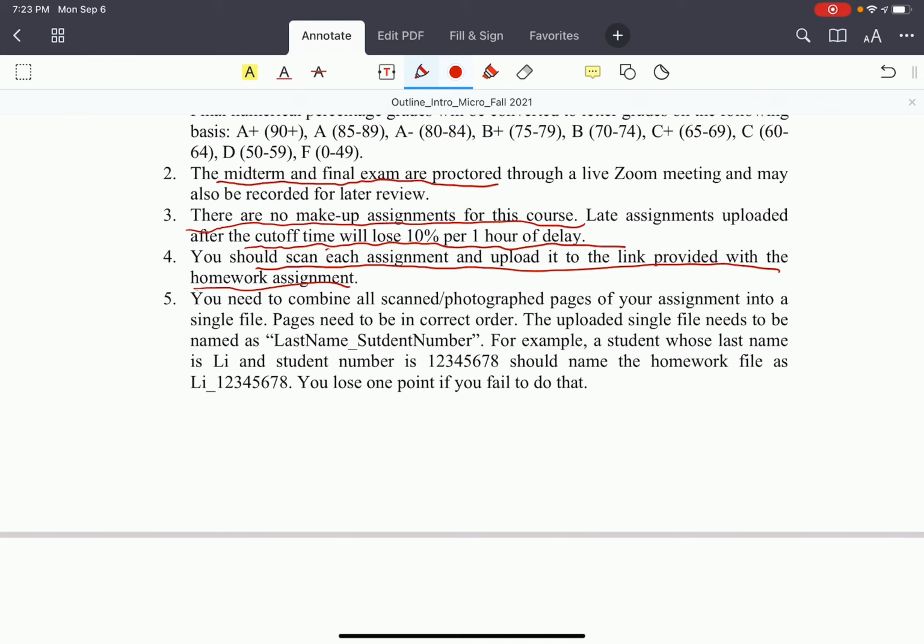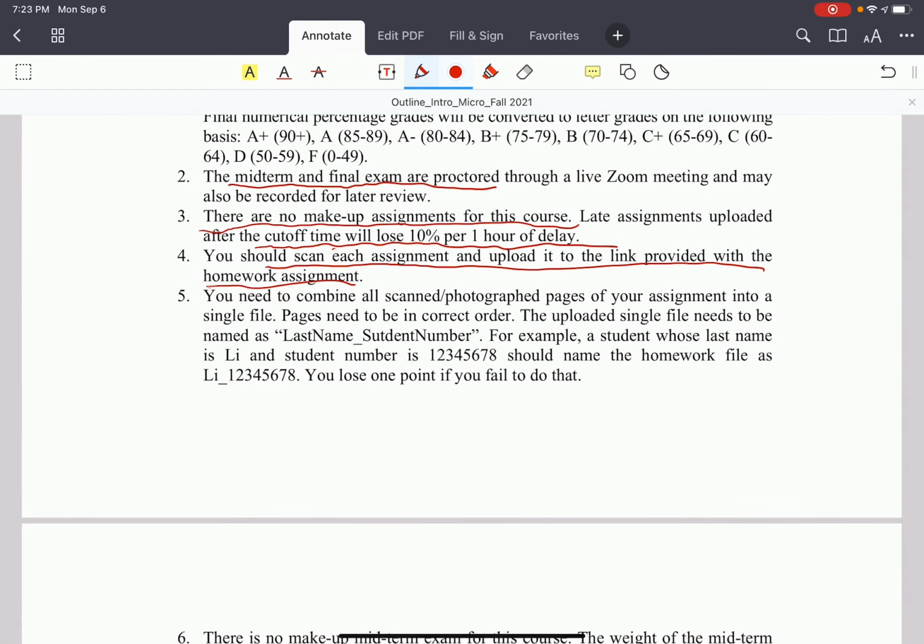And I also have this specification. That is, please name your file as last name and student number. The most important part is student number. The reason is I have written a program which will match your student number with your email address.